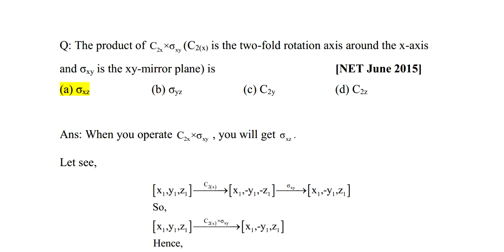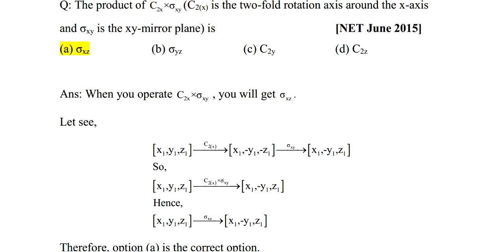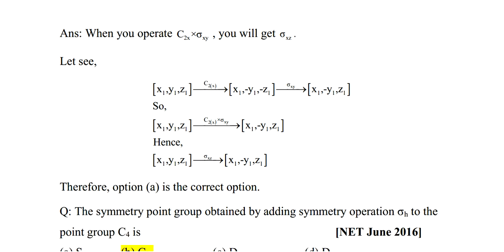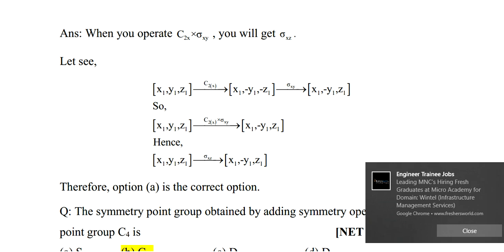We know that when we operate C2x followed by the sigma xy plane, we will get sigma xz. Let's see, x1, y1, z1 is the coordinate axis, okay. By operating C2 along the x axis, you will get x1, minus y1, minus z1, right, and followed by the sigma xy plane, it will give x1, minus y1 and z1. So x1, y1, z1, by operating C2 along the x axis into sigma xy, will give x1, minus y1 and z1.